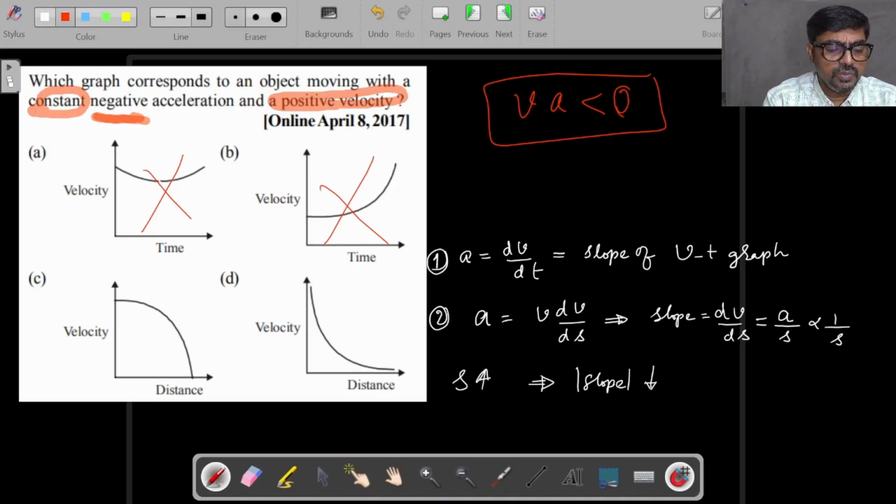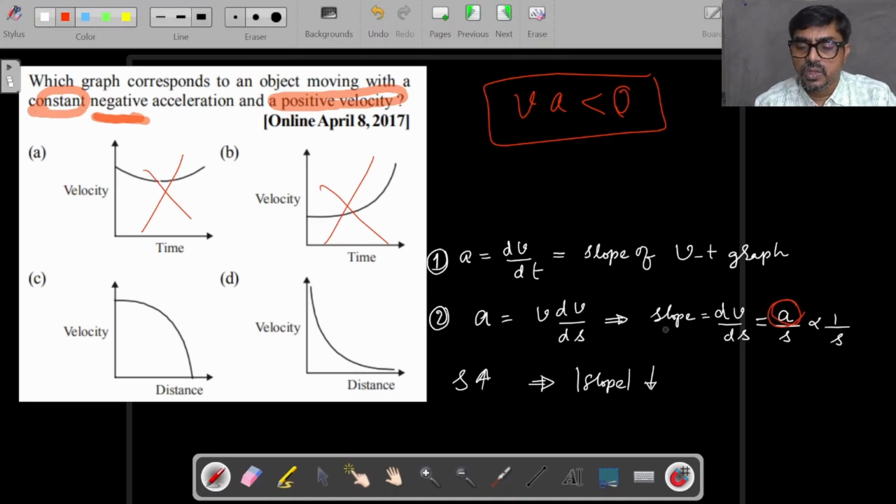Yeah, in C option velocity is decreasing, in D option also velocity is decreasing with distance. So, C and D are fine with the fact that both are representing velocity is decreasing. Okay. But when you look at the slope of acceleration, if you look at V dV by ds, from there you can write the slope equal to dV by ds, which is A by V, but A is negative and constant.